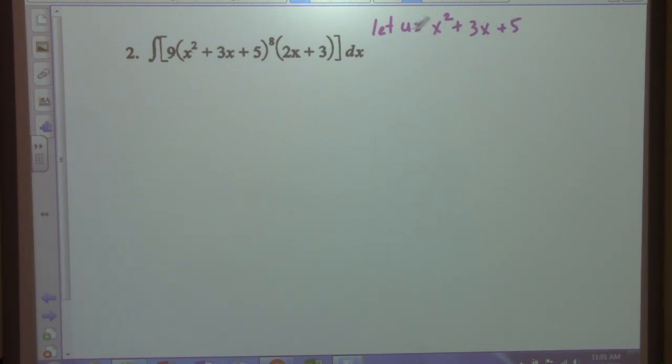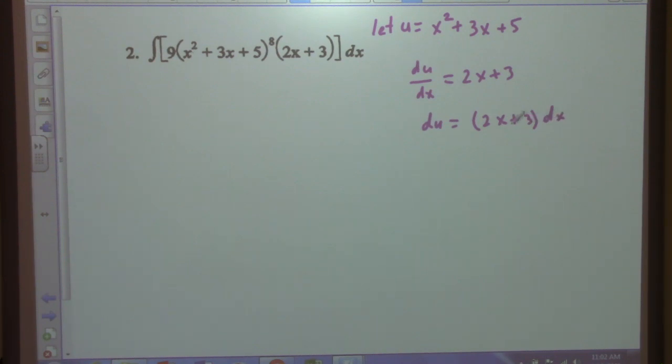And you take the first derivative of this, you say du/dx is equal to, take the first derivative of this, and we get, what is our derivative of this? 2x plus 3. Okay, and then du, we cross multiply the dx, du is equal to 2x plus 3 times dx. Do you see that?